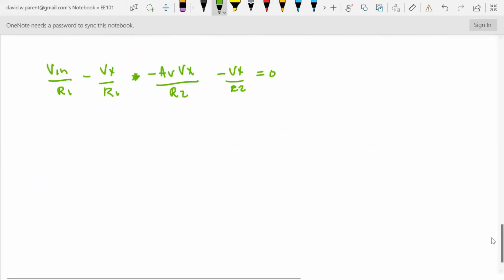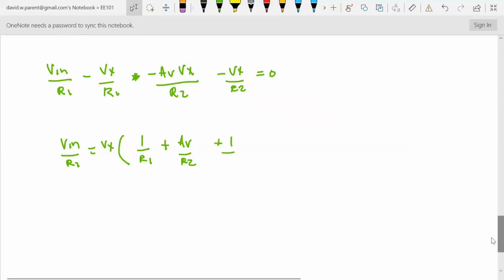I'm going to say Vn over R1 equals Vx times (1 over R1 plus AV over R2 plus 1 over R2).